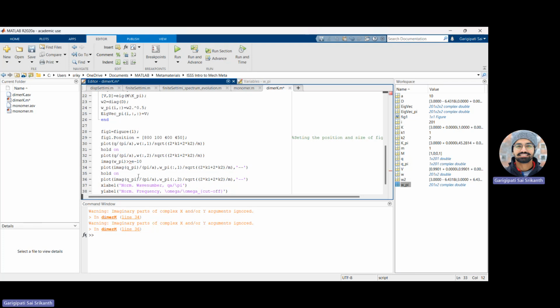Okay, so the imaginary value may be minus.